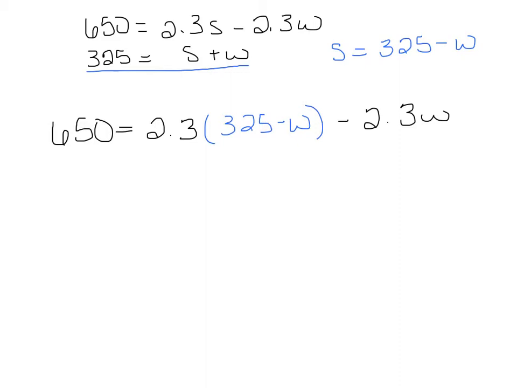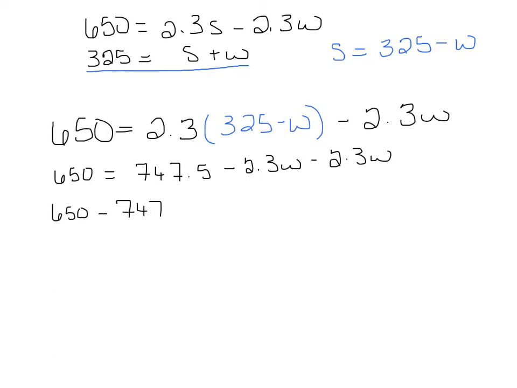So first I need to distribute the 2.3 through, so I'll get 650 is equal to 325 times 2.3 is 747.5 minus 2.3W. So 650 minus 747.5, I get that by subtracting the 747.5 from both sides of the equation, equals negative 4.6W.